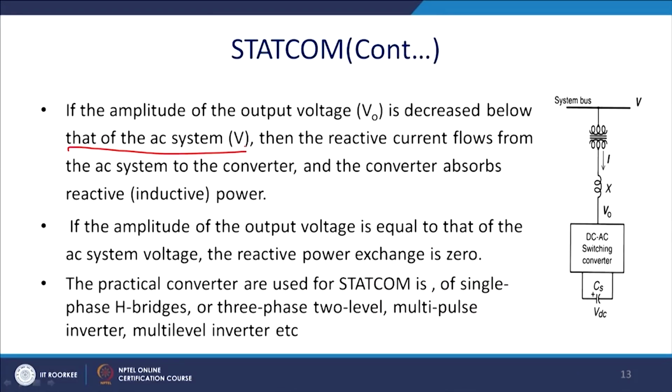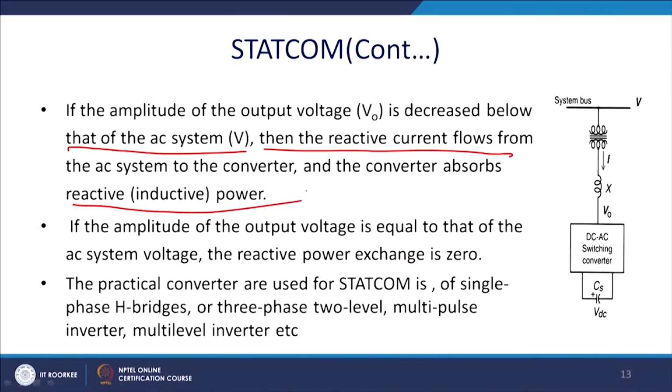Now, if the amplitude of the output voltage is decreased below that of the AC system, that is quite a clear case. Sometimes nowadays Statcom is fitted with a solar panel to supply real power in case of distributed generation. Then sometimes when radiation goes low, this kind of situation may arise, so your DC link voltage is less than the rectified voltage.